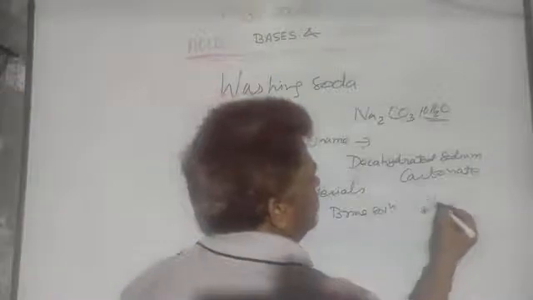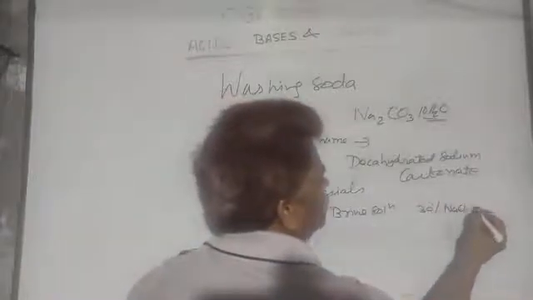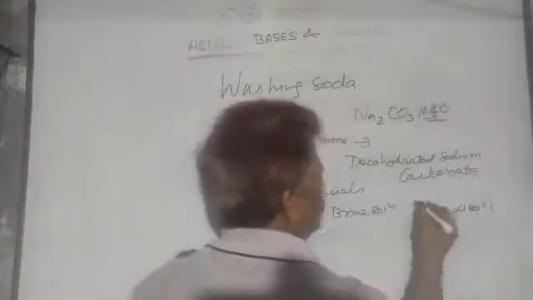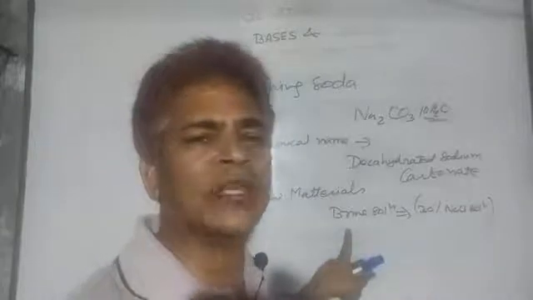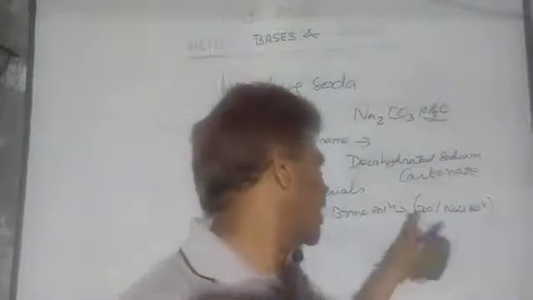Do you know the brine solution? That is 30% sodium chloride solution is known as brine solution, and potassium chloride solution is known as Sylvine solution. Here sodium chloride solution is known as brine solution. Other raw materials are ammonia and carbon dioxide gas.